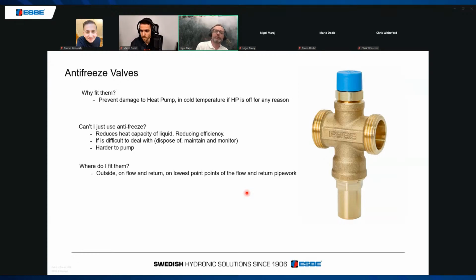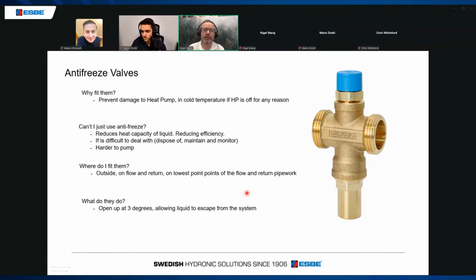So where do you put them? You put them outside the building, obviously, because that's where the danger of freezing is. We put them on both the flow and the return, and you fit them at the lowest points so that the water will drain out from that lowest point. So what do they do? Ours opens up at 3 degrees.